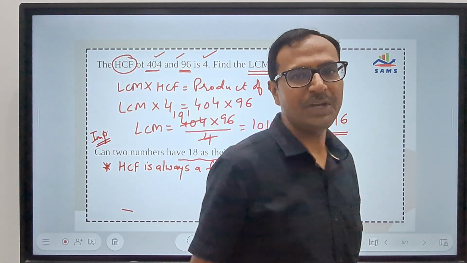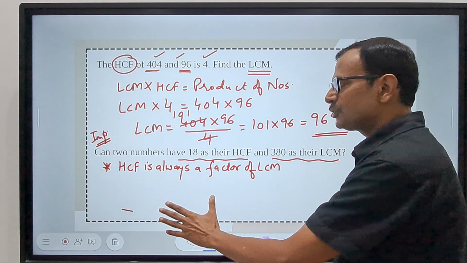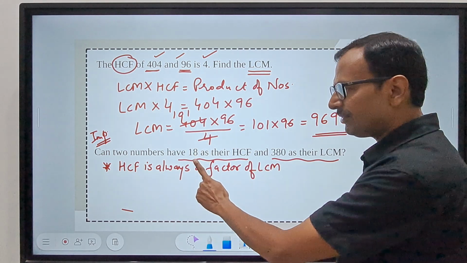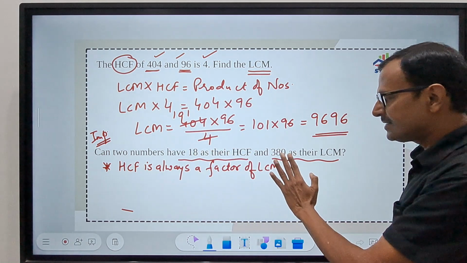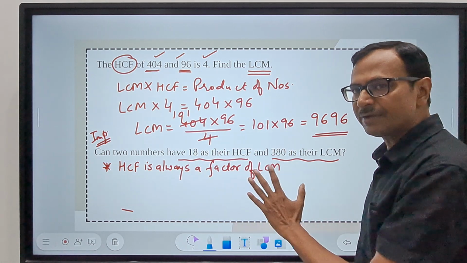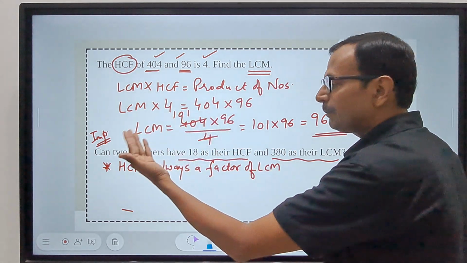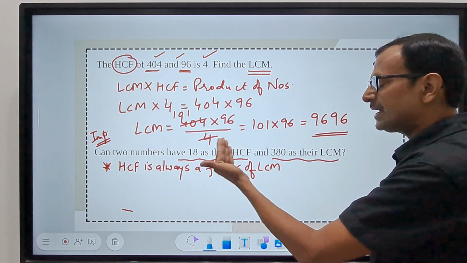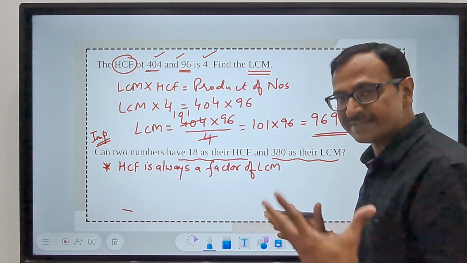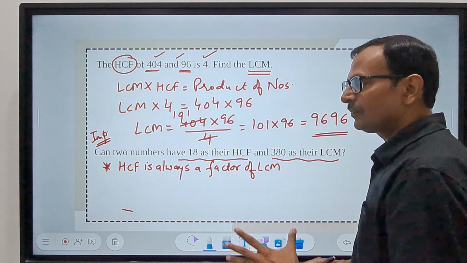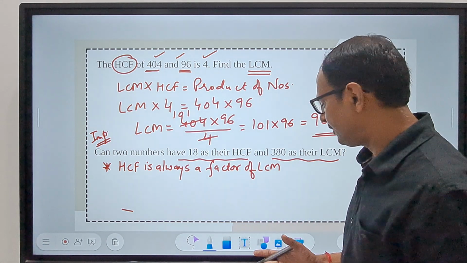This is the concept we need to use here, and you just need to verify whether this HCF 18 actually divides the LCM 380 or not. If it divides, the possibility of 18 as HCF and 380 as LCM exists. But if it doesn't, that means it is not possible.